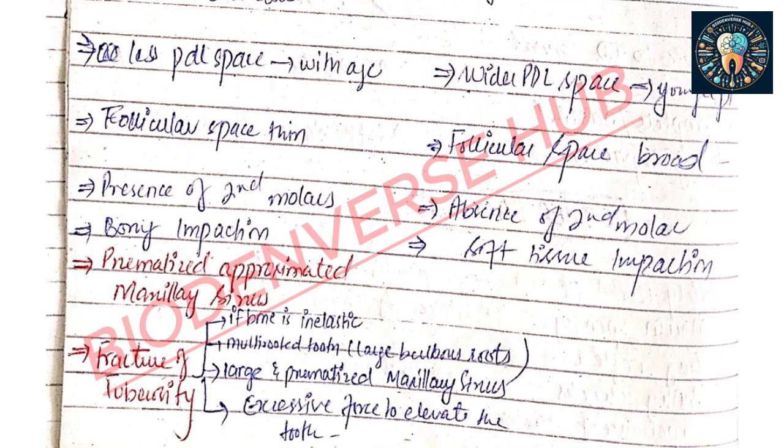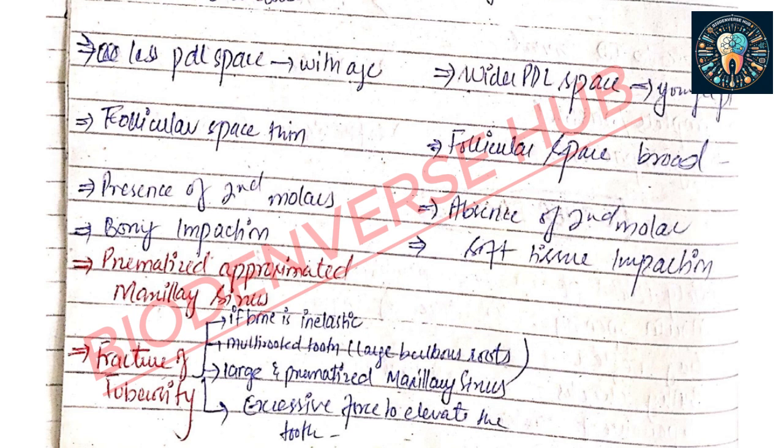One was the maxillary sinus, and the second is the tuberosity. As the tuberosity is present posterior to the maxillary third molar, there are high chances of fracture of the tuberosity in the following conditions: if the bone is inelastic, if it is a multi-rooted tooth, or if there are very bulbous roots.